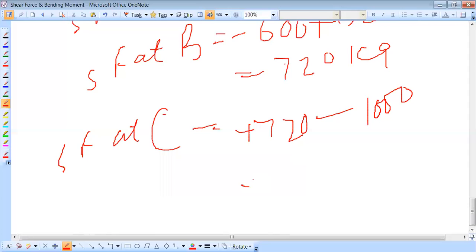So this is equal to how much? 1000 minus 720 is equal to how much? 280, because of the minus sign, 280.